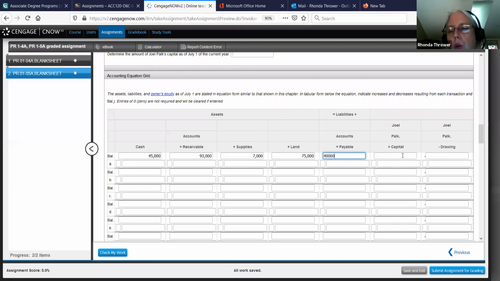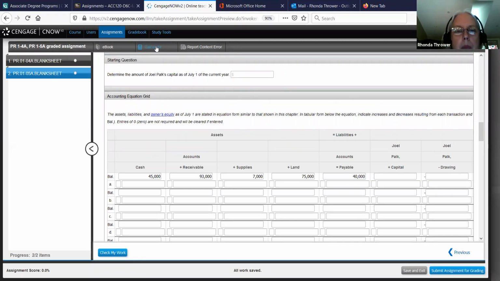So what they're asking you to do in part one is to find the amount of the capital balance that was the owner's capital balance as of the previous period that is being brought forward into this period. And the way that you can do that is just simply to add each one of the assets together and subtract the accounts payable, and that will leave you with the capital balance that you have to start with.